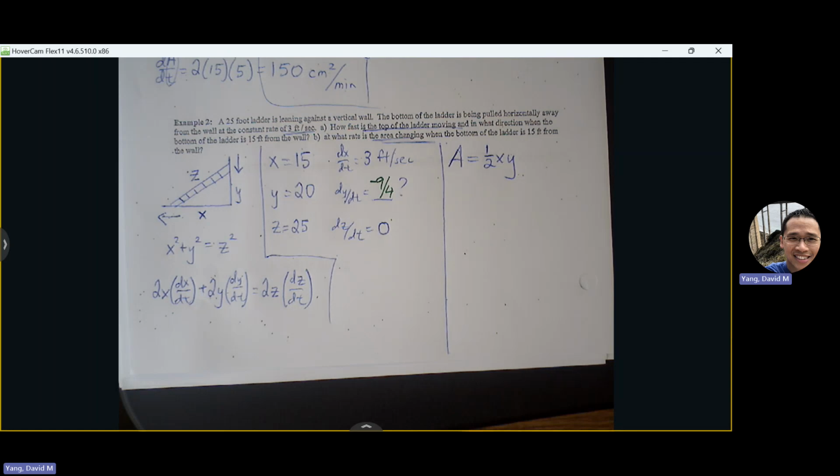But on the right side, if I want to find the derivative of 1/2 xy, what process do we have to make sure we go through? Product rule, yeah. So we have two variables being multiplied. We've got to do f prime g plus f g prime.